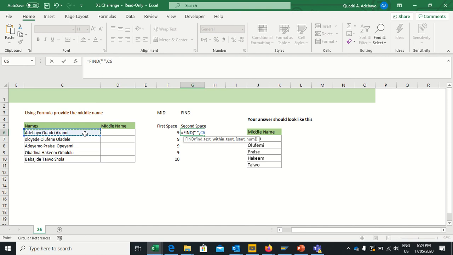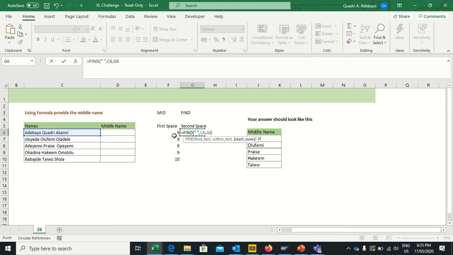We revert to the same text. This time, where do you want us to start? We are going to start from the first space, and go to the second space. The first space is in number 8, while the character following this space is in number 9, for instance in Adebayo Quadri.